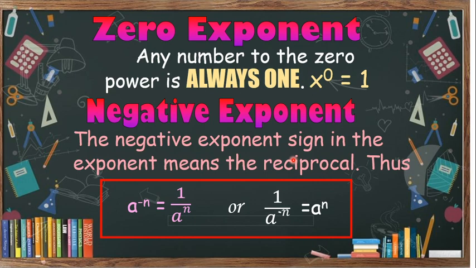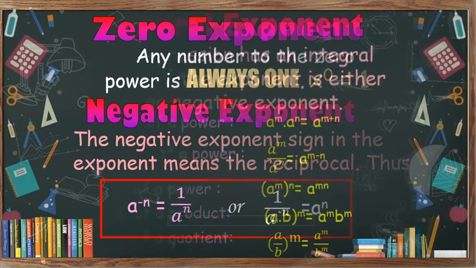Remember, zero exponent: any number raised to the zero power is always 1, wherein x raised to 0 is equivalent to 1. In negative exponent, the negative sign in the exponent means the reciprocal. Thus, we write a raised to negative n equals 1 over a raised to n, or 1 over a raised to negative n is equivalent to a raised to n.